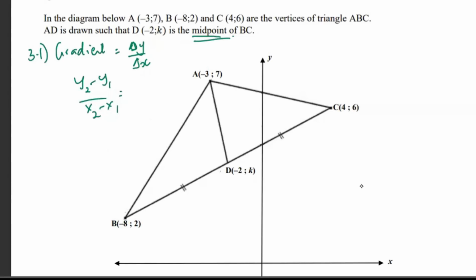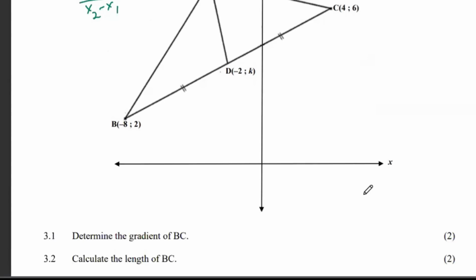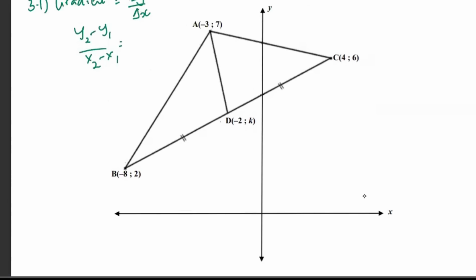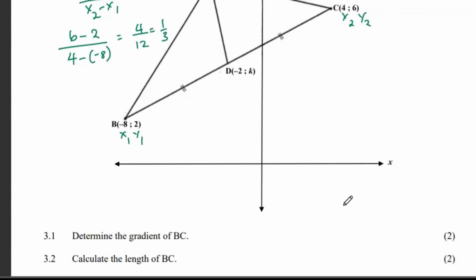So since they're looking for the gradient of BC, if I call this my X1, Y1, and that X2, Y2, then we do the substitution. So it's going to be 6 minus 2 over 4 minus 8. Simplifying that, I'll have 4 over 12, which becomes 1 over 3. So that becomes the gradient.